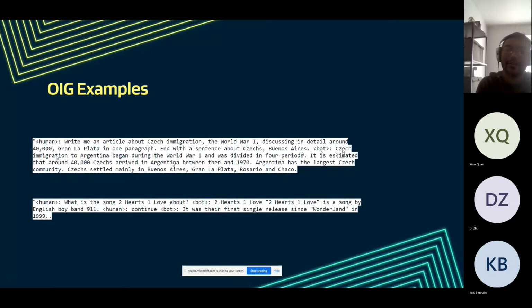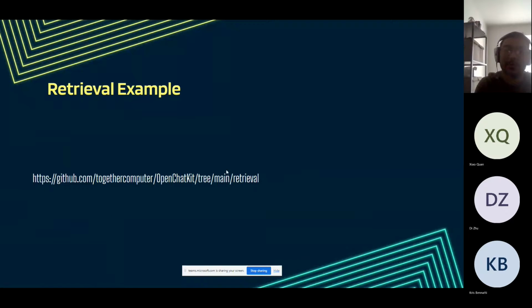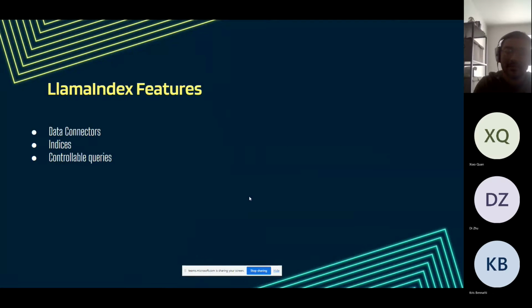So then the bot responds. This is the data in the dataset, and this is the automatically generated instruction that comprises the dataset. Another example is here. You can see that there is a very diverse set of instructions that makes this a pretty powerful dataset.